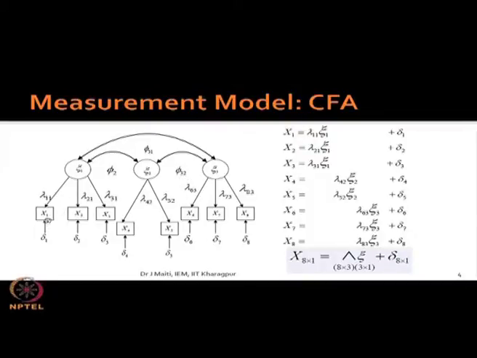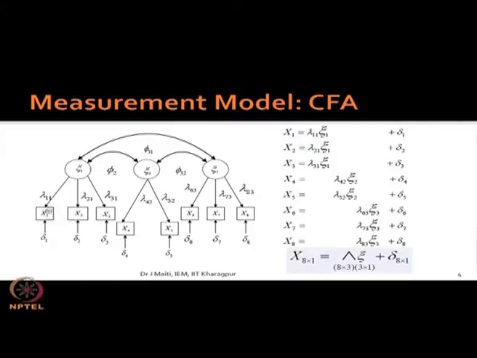Now, we are saying x1 is caused by xi1, and as a result a causal linkage is given from xi1 to x1, and the parameter depicting the relationship between xi1 and x1 is lambda 1 1. Earlier I also told you about this suffix 1 1: the 1 from x1 is taken and the 1 from xi1 is taken.